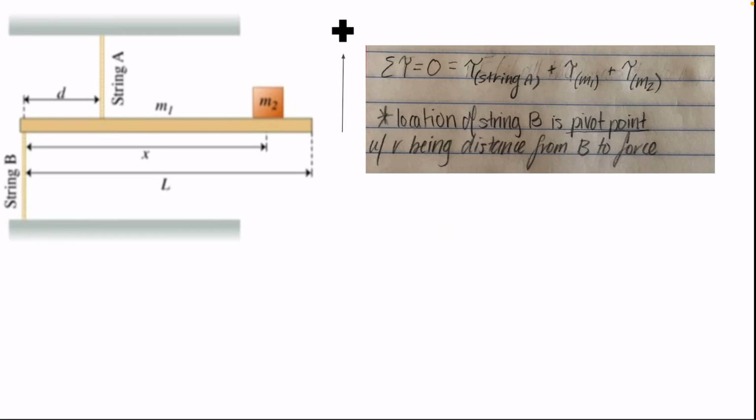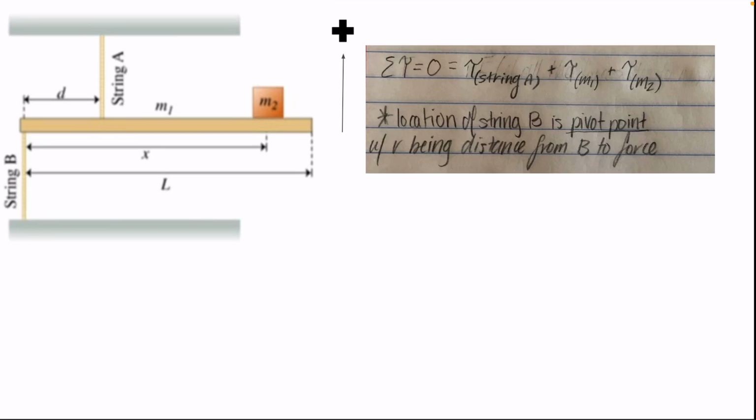When you put the pivot point over that force, it allows it to cancel out, meaning that the only things contributing torque to this situation now become the tension in string A, the force of gravity via M1, and the force of gravity via M2, or the torque due to gravity, rather, of those two.